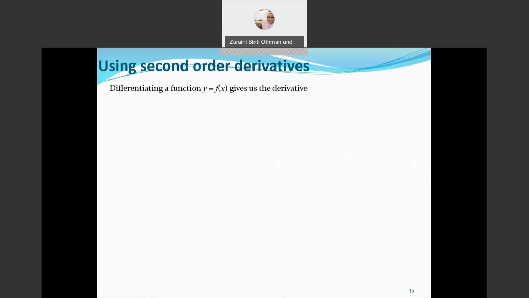Okay, this is another way how to determine whether the particular point is maximum or minimum by using second order derivative. How can we determine the stationary point by using the second derivative? First, we have to find the first derivative.